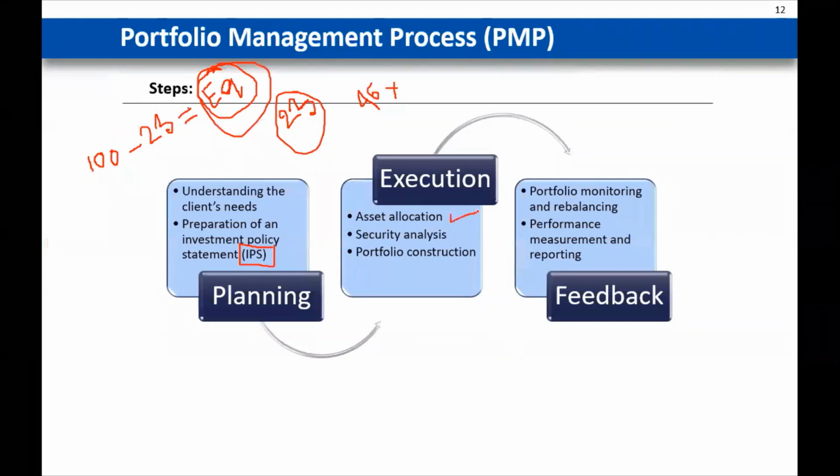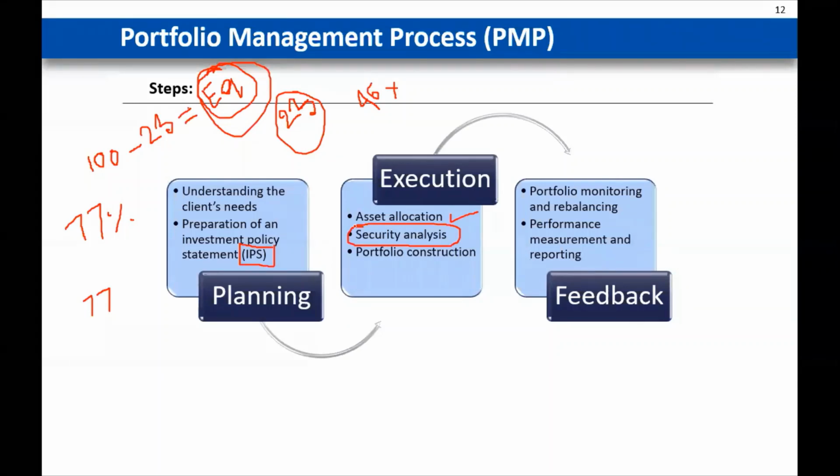Asset allocation: for example, you have decided that you will invest 77% of your money in equity. So I'm assuming that is 77 taka. When you invest in equity, you need to analyze the security. Right now, we are considering equity securities. Which equity security do you need to invest in?